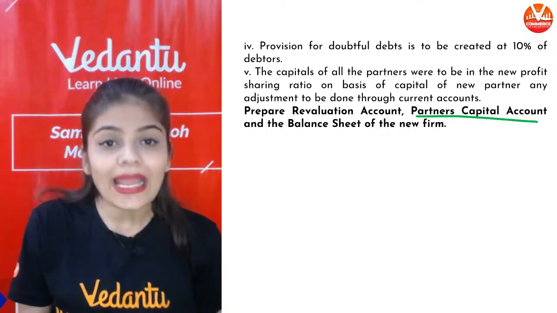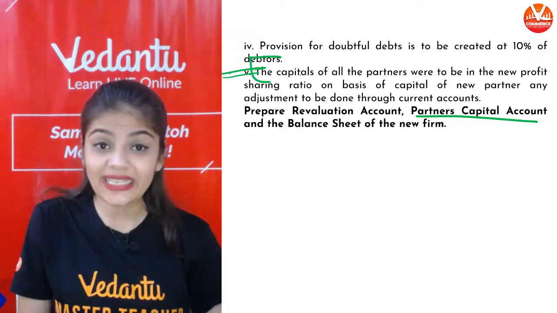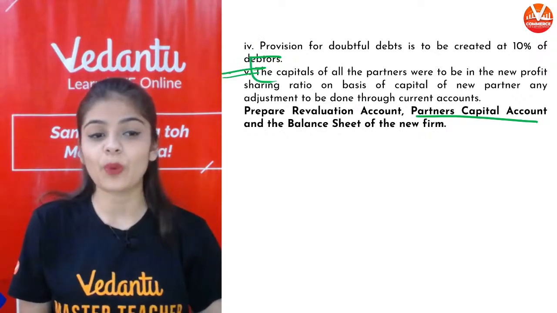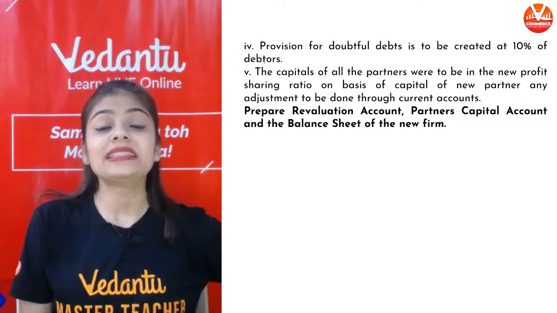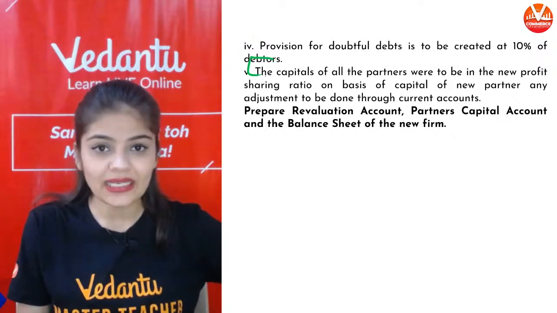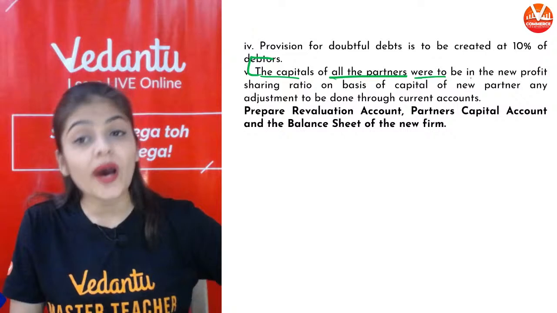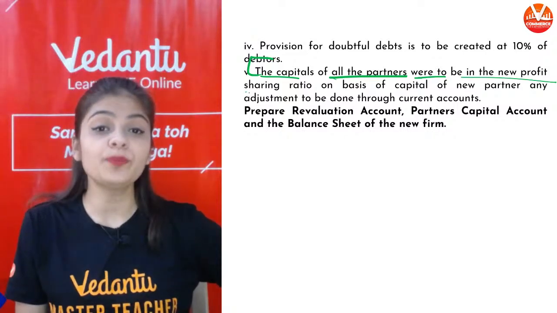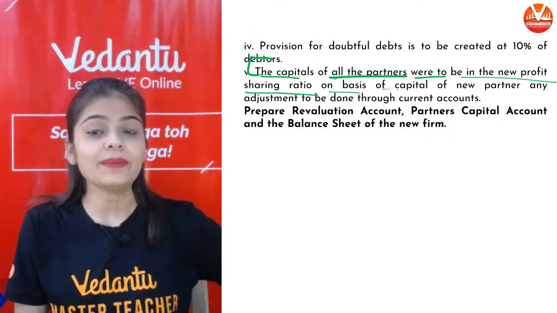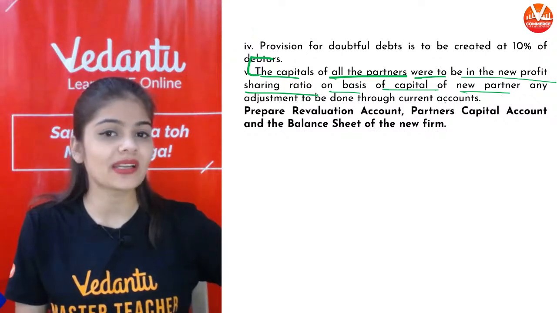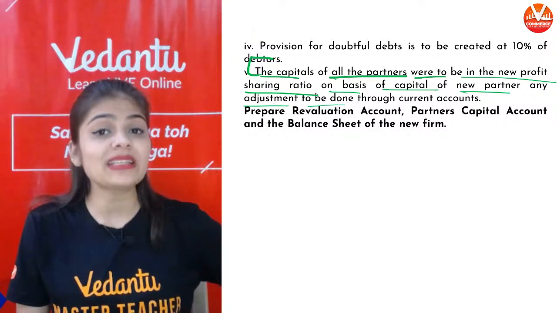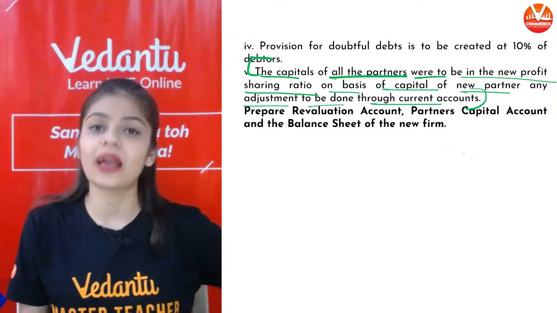Now, I am not going to read this last point, the fifth point, because this point says that the capital of all the partners were to be in the new sharing ratio on the basis of capital of the new partner. Any adjustment is to be done through current account.